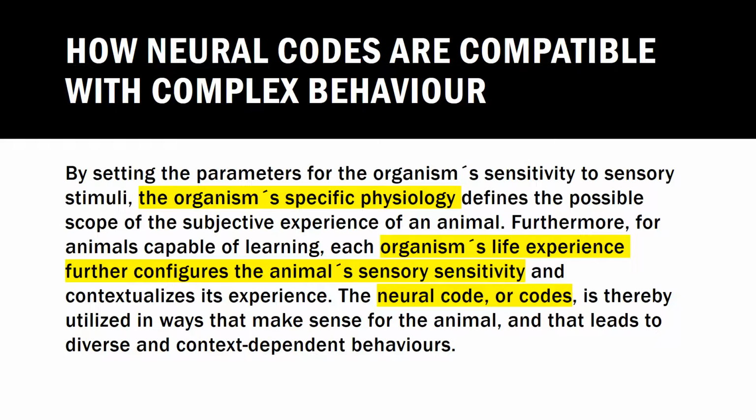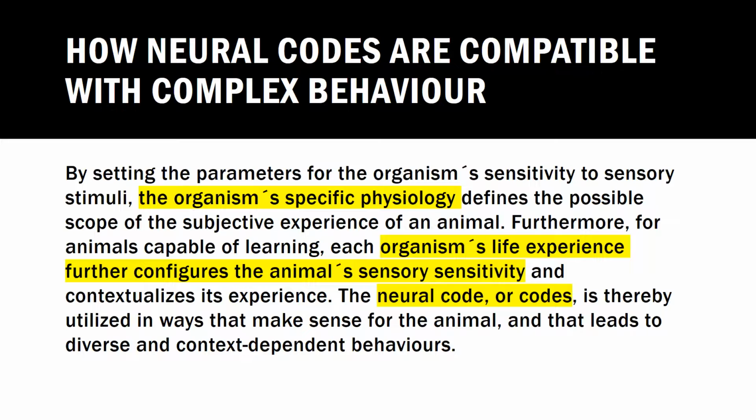So even with a universal, in one sense, neural code at bottom that is involved in the translation from sensory stimuli to perceptual images and so on, we can understand this related to how organisms differ in their ecological context and in their exact physiology and in their life experience, which further configures the animal's sensitivity to different phenomena and their inclinations behaviorally and so on.